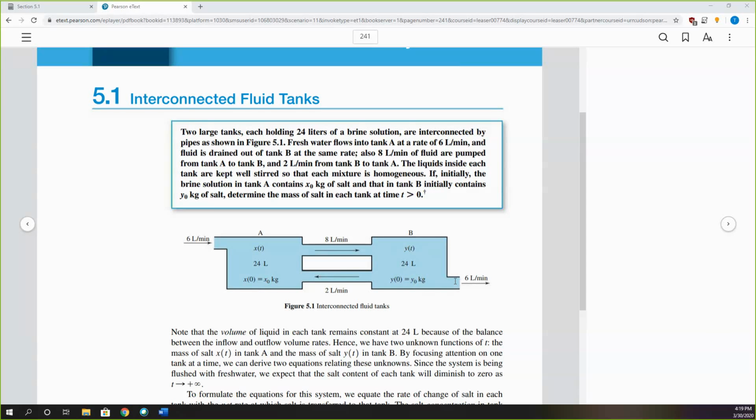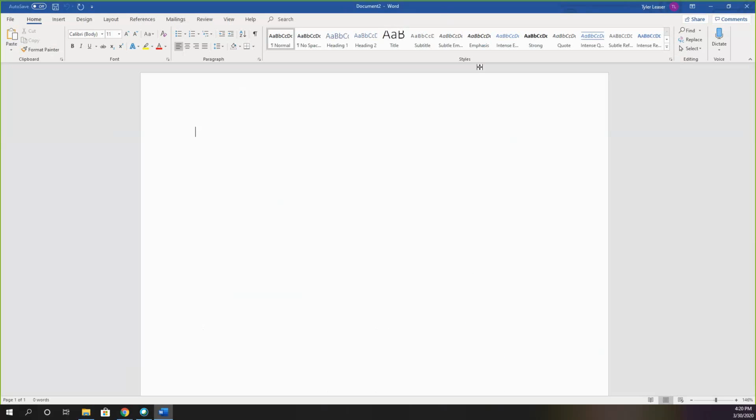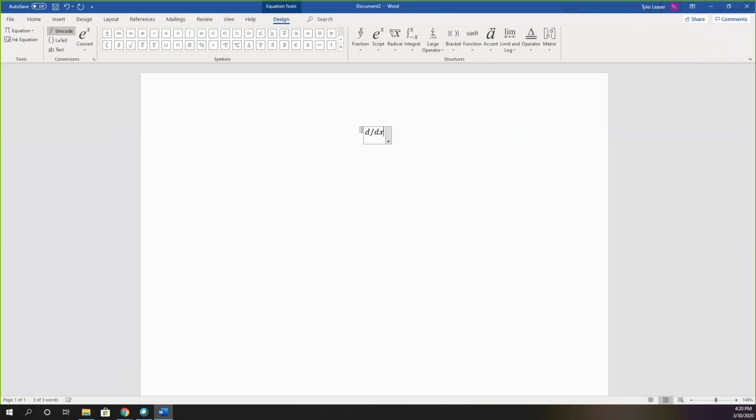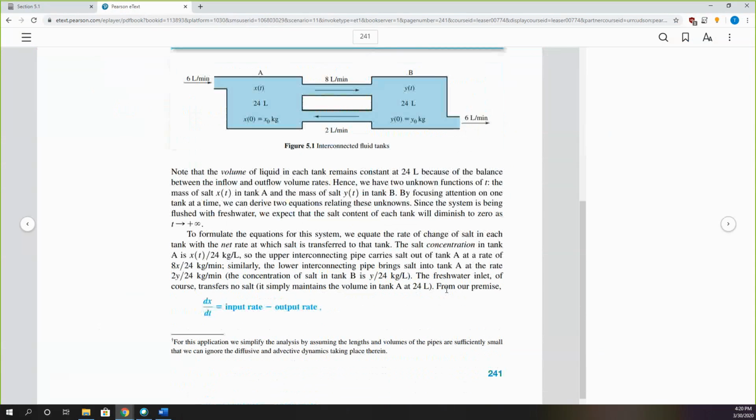All right. To set this up, we're going to start with the same thing that we always do with these containment systems. We're going to look at the differential equation where the change in salt is just the input rate minus the output rate.